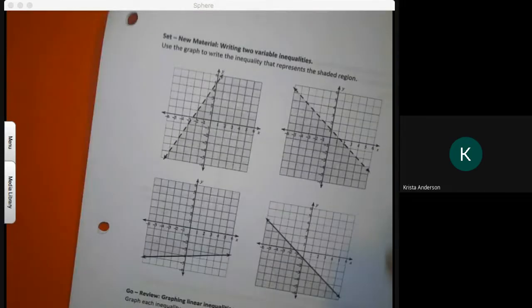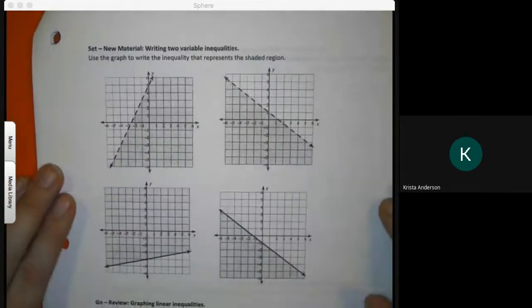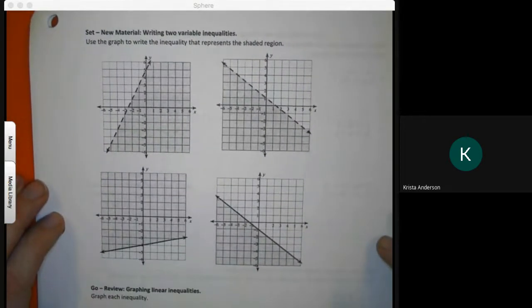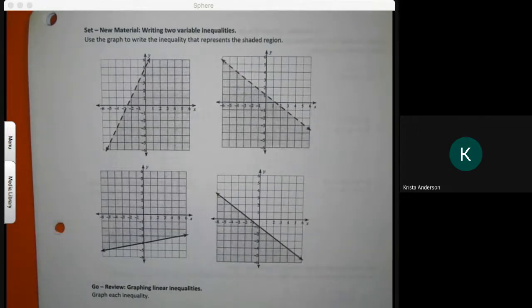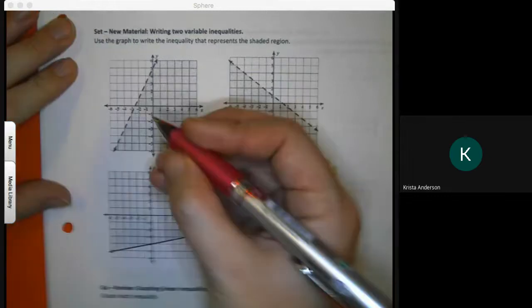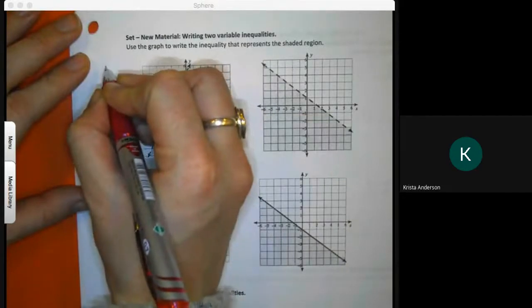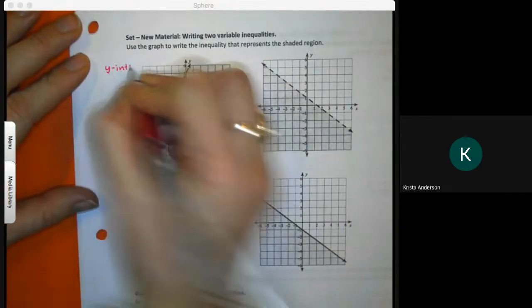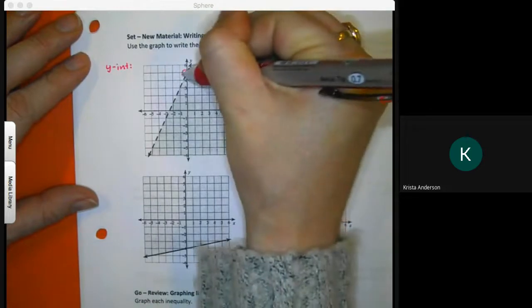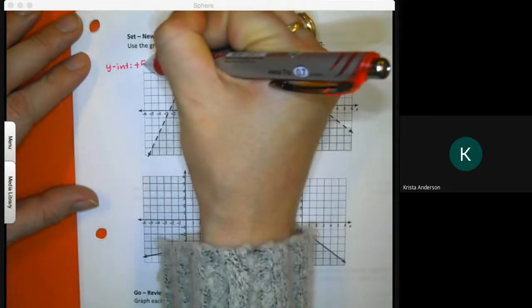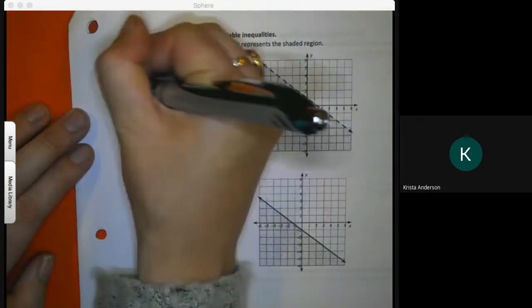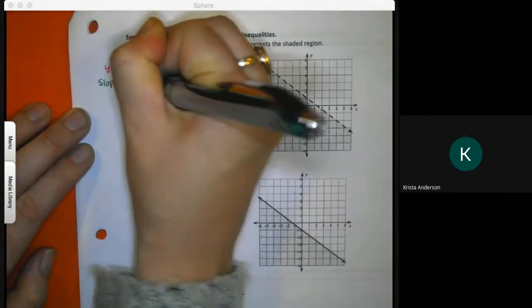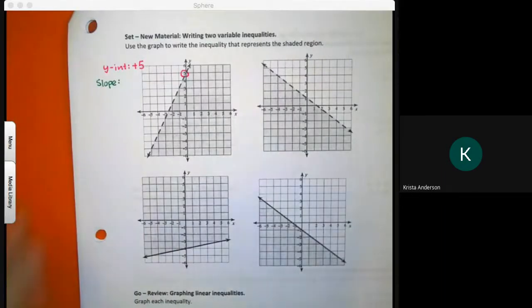Right, turn your page. We now need to use the graph to write the inequality that represents the shaded region. I am first going to write an equation, then I'll change it to an inequality. First, I'm going to find the y-intercept. Is that positive 5? My slope, I look for another point.